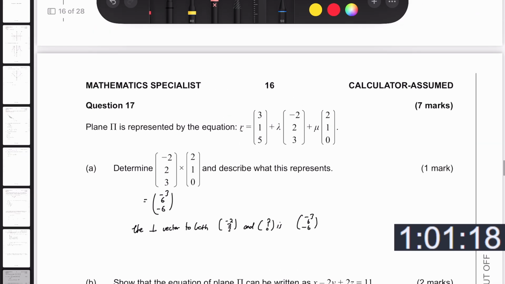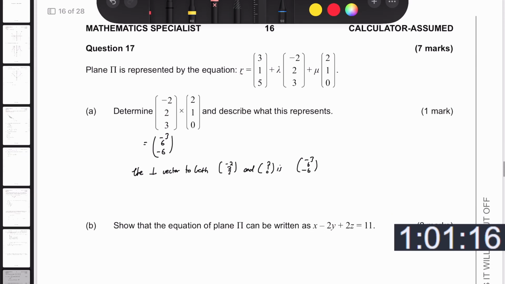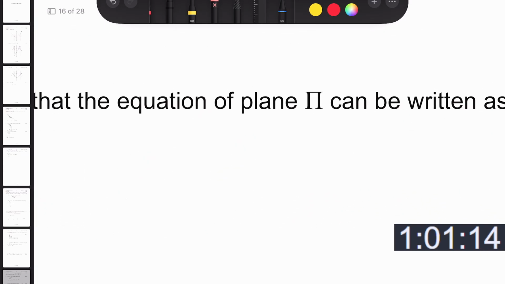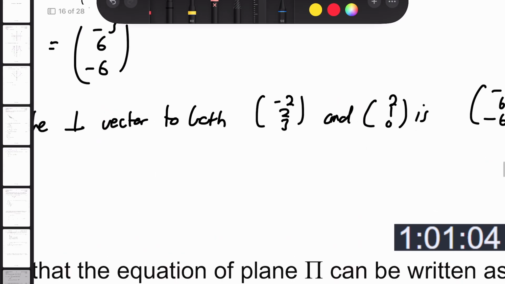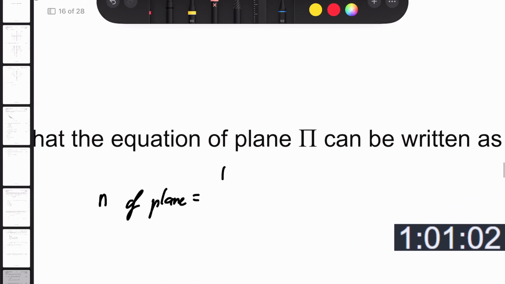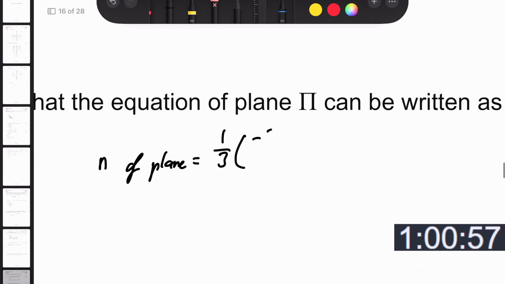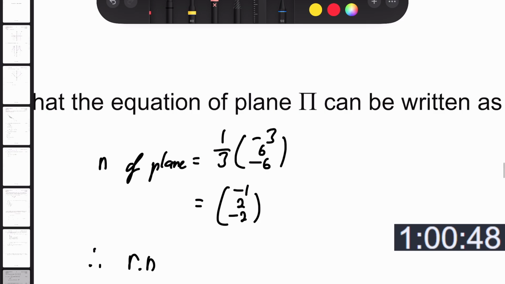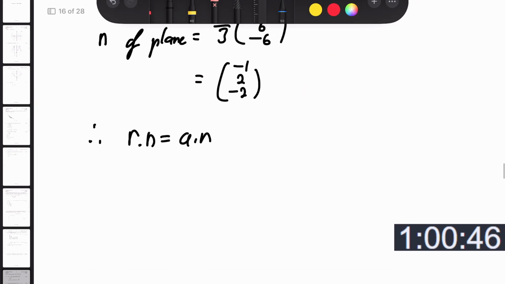Show that the equation of the plane can be rewritten as that. So let's do r dot n, or let's say n of the plane can equal a third of negative 3, 6, negative 6, which would be negative 1, 2, negative 2. r dot n is going to equal a dot n.